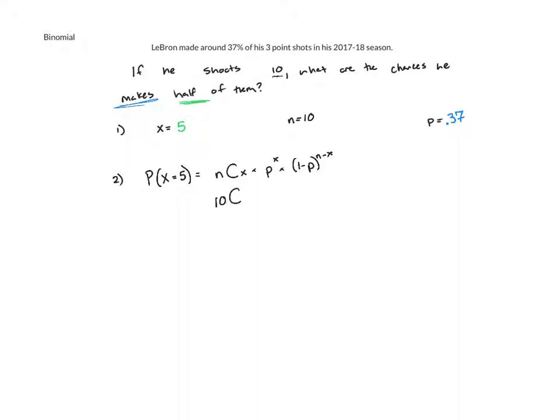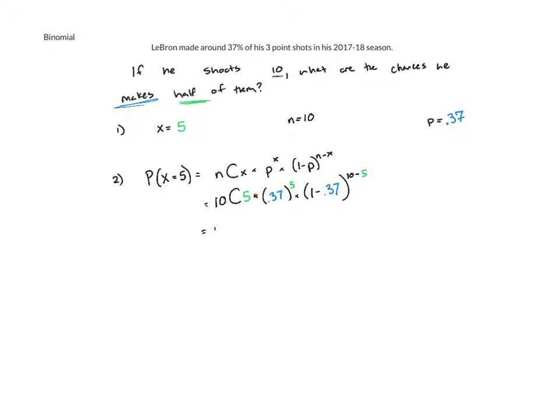I'm choosing 5 of them to make. I'm going to multiply that by the probability he makes one, which will be 0.37, and I'll take that to the X power, which is 5. I'll then multiply this by 1 minus P, 0.37, to the N minus X power.